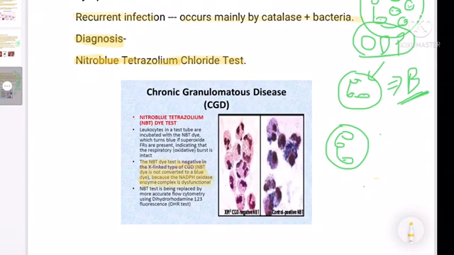Normally the NBT dye turns blue if superoxide free radicals are present, like hydrogen peroxide or other reactive oxygen species formed as a result of the oxygen dependent pathway. That free radical converts the nitroblue tetrazolium chloride into blue color. If it stays colorless, it means that this pathway is defective. So that was about the defects. Thank you very much.